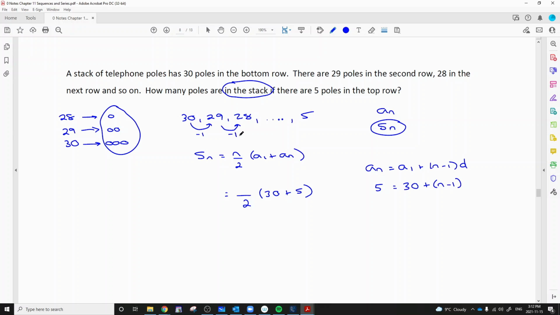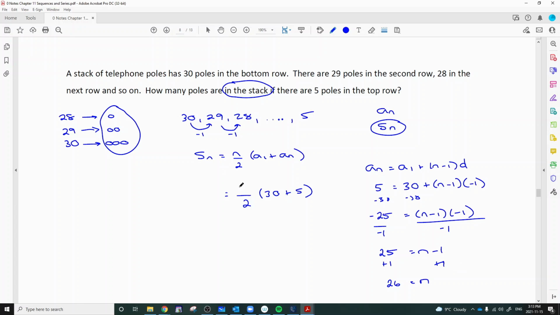We keep subtracting 1, so my common difference is negative 1. Now we can solve for n. I'm going to subtract 30 first, and I end up with negative 25 equals n minus 1 times negative 1. Now I divide by negative 1 and get 25 equals n minus 1. Then I add 1, and n is 26.